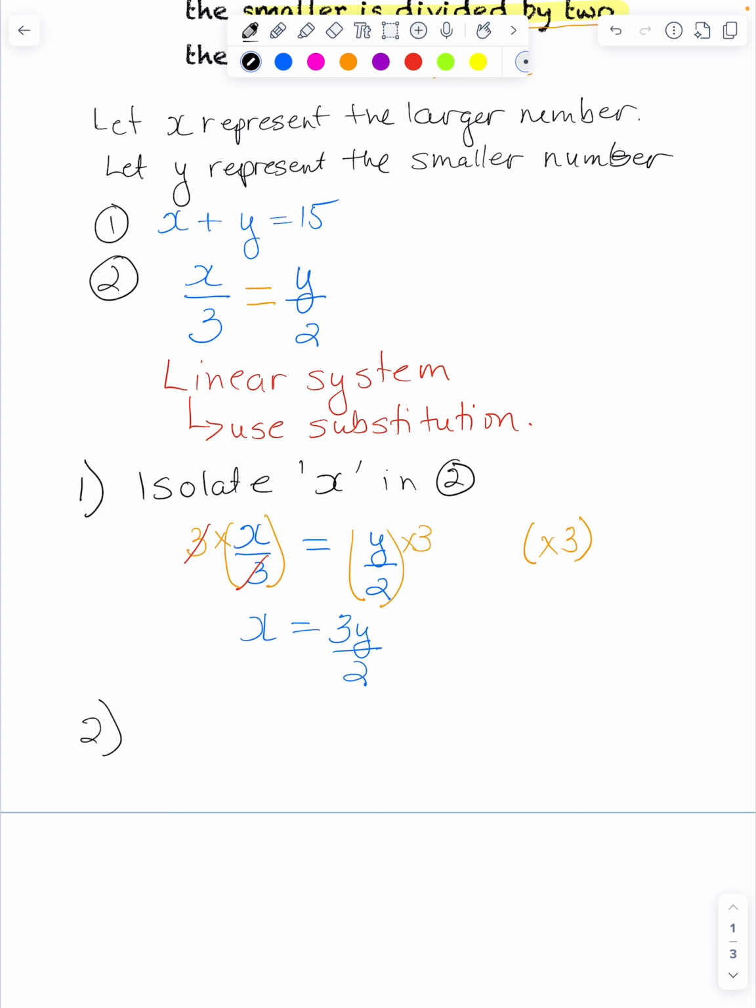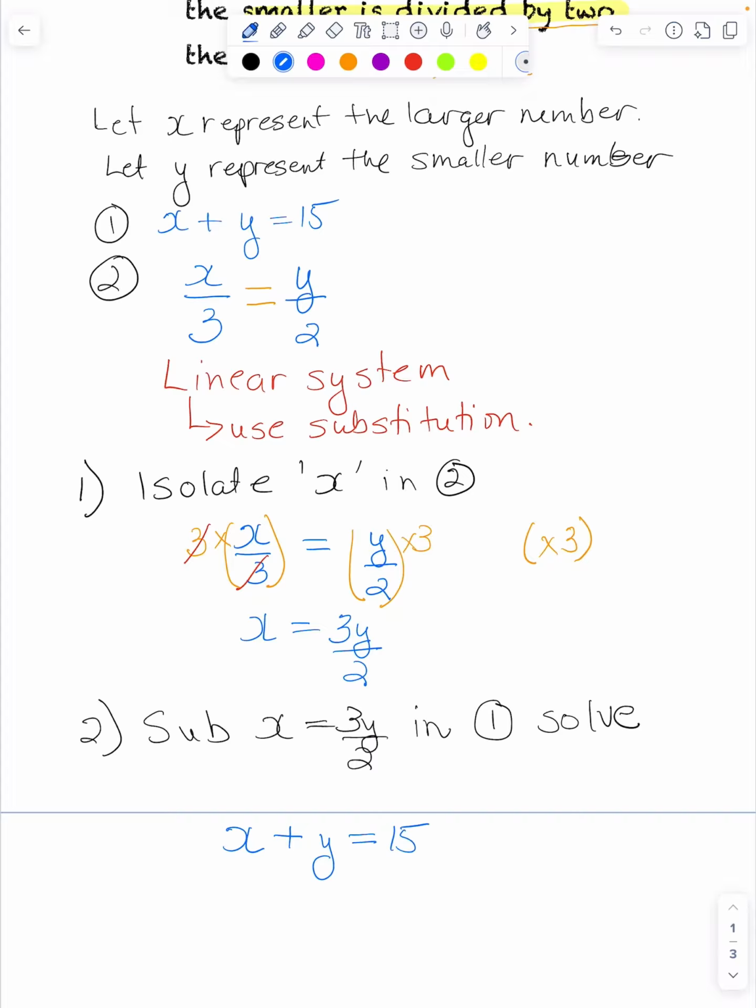So sub x equals 3y divided by 2 into equation number 1, and we are going to solve this. So if I look at equation number 1, x plus y is equal to 15.